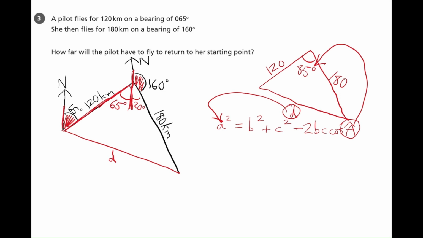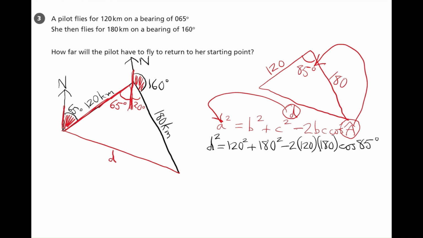So to get our answer, we have D squared, and that will equal 120 squared plus 180 squared minus 2 multiplied by 120 multiplied by 180 multiplied by the cosine of 85 degrees.